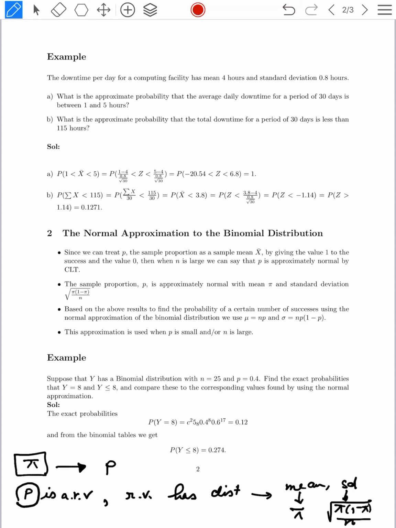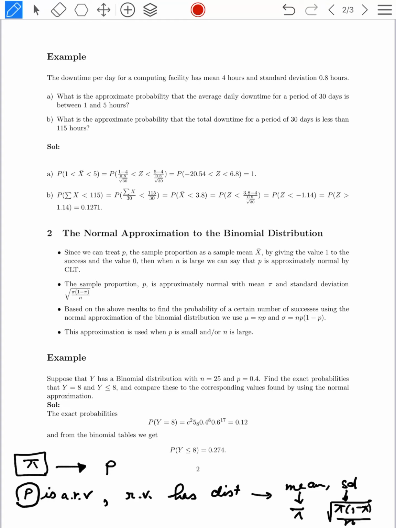When you're talking about proportions, we're talking about a qualitative variable, and the normal distribution only deals with continuous variables, so quantitative and continuous. So our trick is to manipulate your data in order to reach something that's similar to X bar. And if you are able to reach something like this, you can apply your central limit theorem.